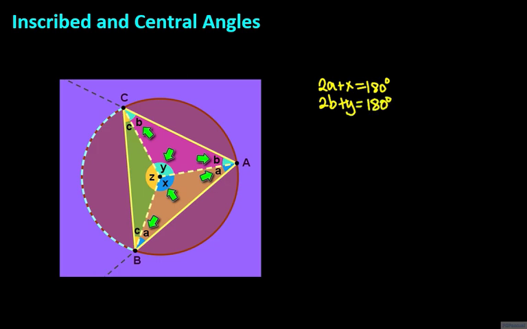And in triangle BOC, c plus c plus z, or 2c plus z, equals 180 degrees. We have one more equation to go, and that is for triangle ABC. For triangle ABC, we have a plus b plus c plus c, or 2a plus 2b plus 2c equals 180 degrees.